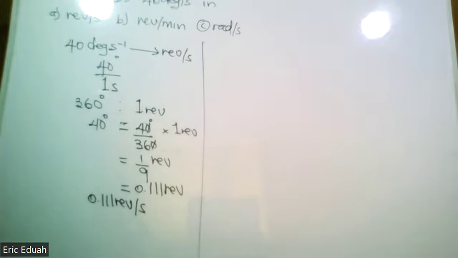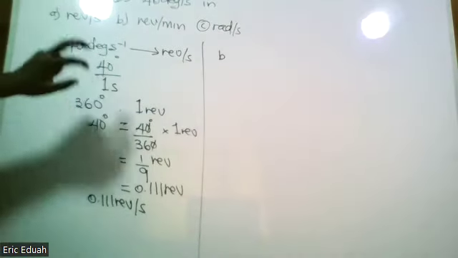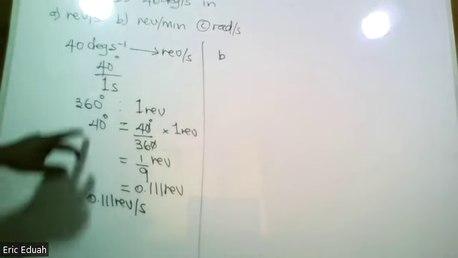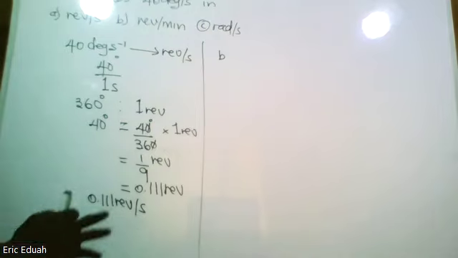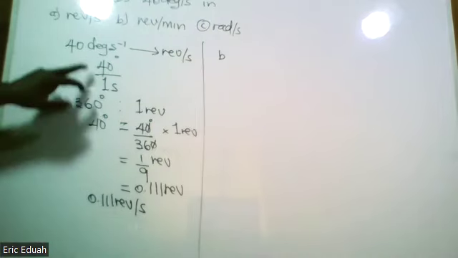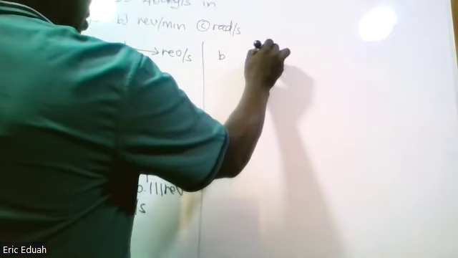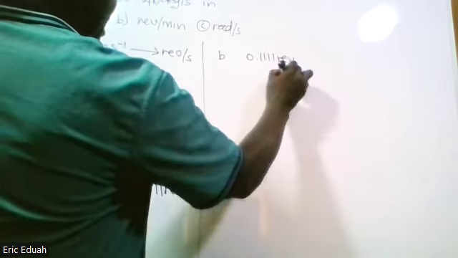Okay, then the next question asks that we convert this same to rev per minute. So we'll use the same thing. We can use the 40 degree, but we can also use this, 0.1111 rev per second.